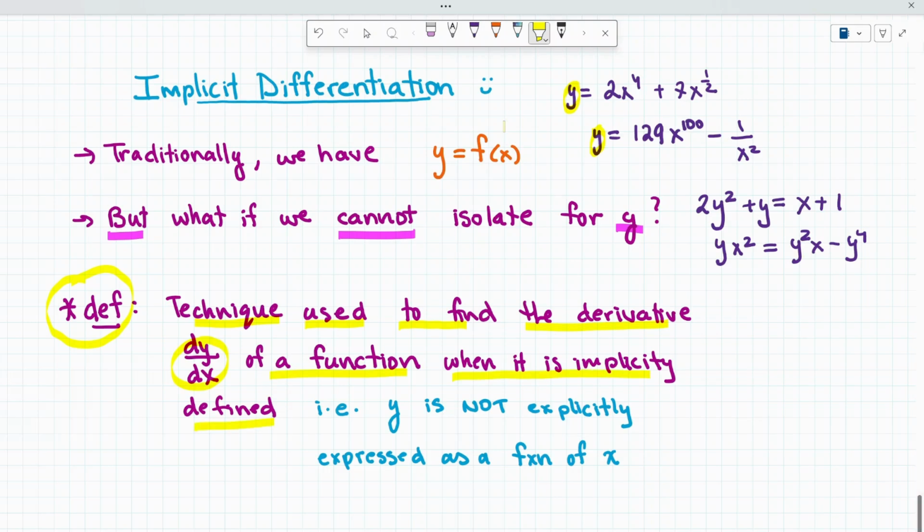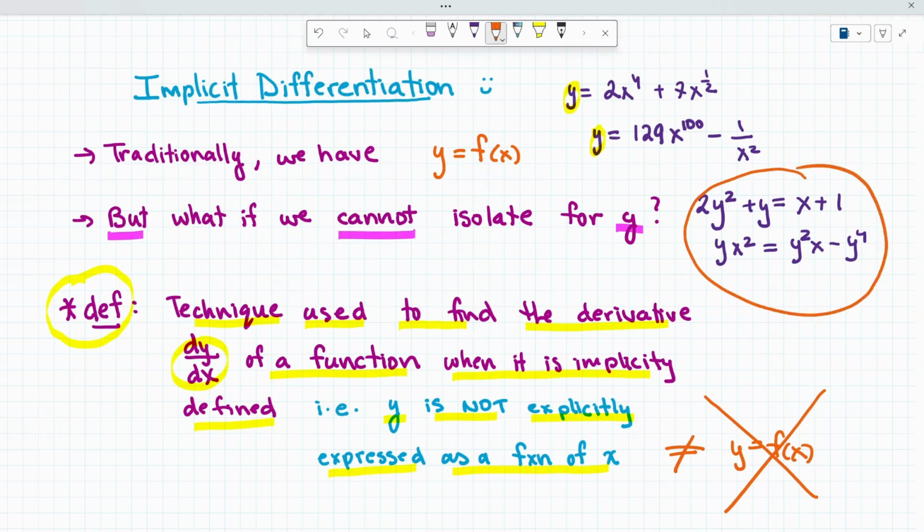What does it mean for it to be implicitly defined? It means that y is not explicitly expressed as a function of x. That means that we don't have y equals f of x. So this does not exist for us. We have one of these versions over here where y is integrated within our function.